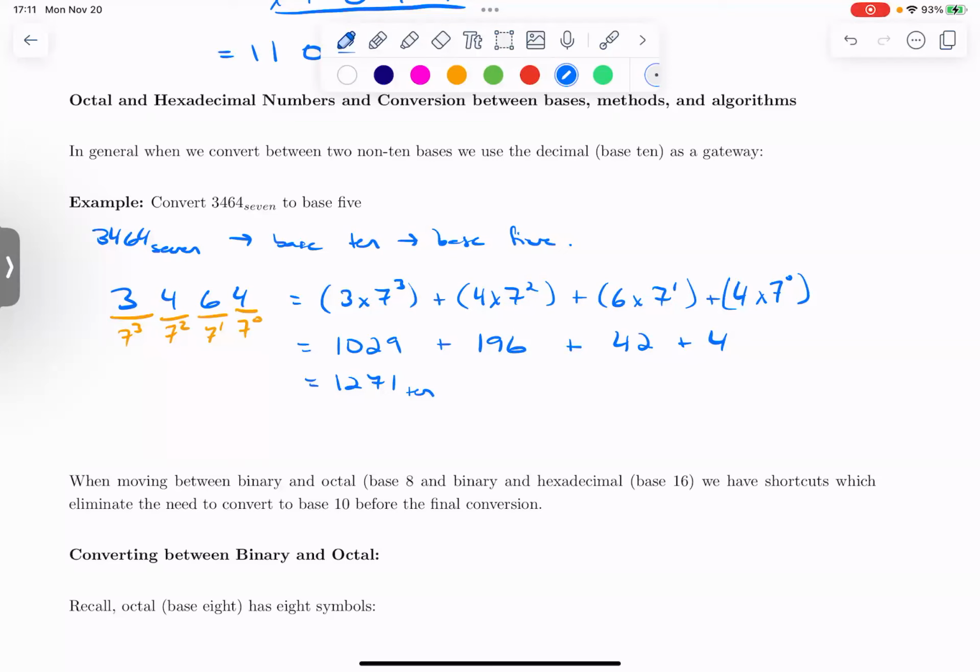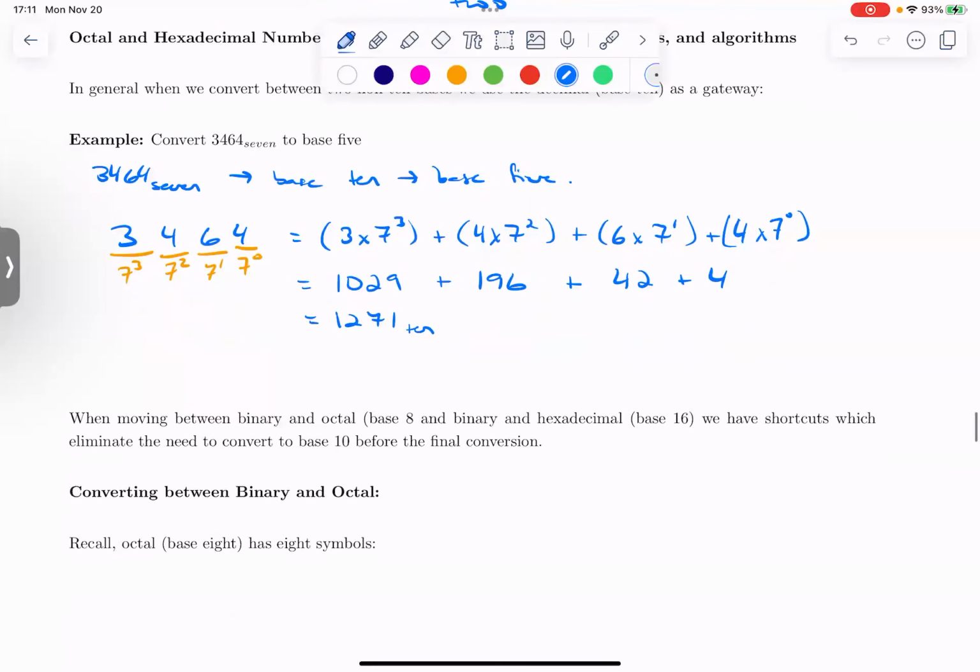Now I can use that to convert to base 5. I'm going to try to use your cool way. But how? You want to do 1271 divided by that, maybe. That should be a thing.